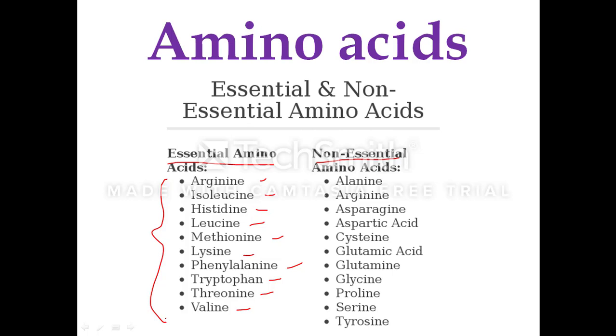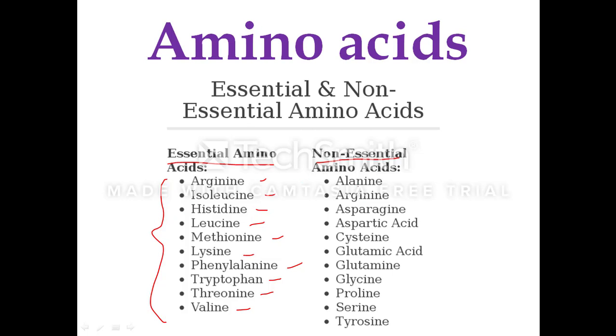They have to be supplemented through the food we take in. So these essential amino acids are very important for cell functioning as they are not synthesized by the cell. They must be supplemented in the diet in order to obtain normal growth or for the cell to perform its normal function.